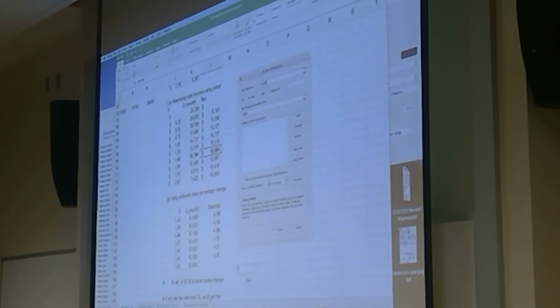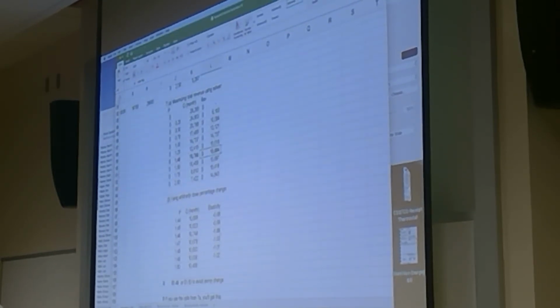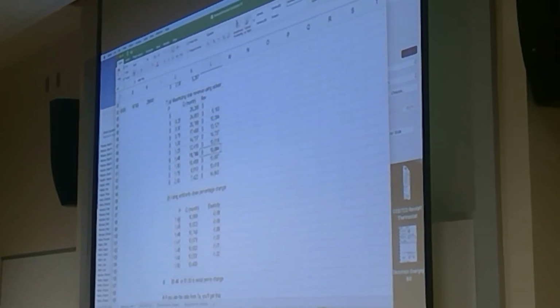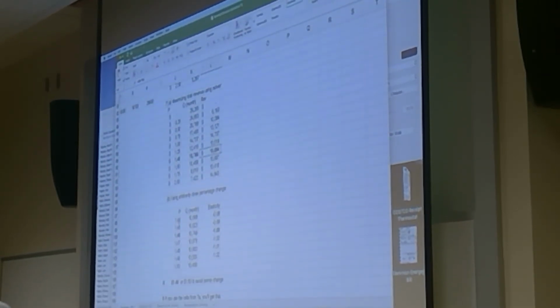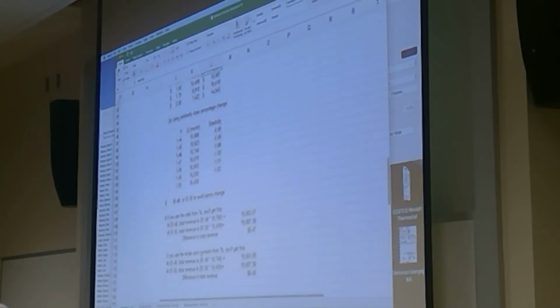Then in B, we're basically just asking you to verify what you've done up in A, 7A, where we say just use a close percentage change, like a penny change, above and below $1.46, and you'll get those numbers.